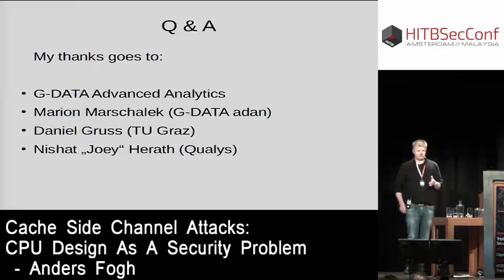That means that you actually don't have to share access to memory, meaning that you can do cross-VM attacks, whatever you really like. You don't need to know anything about addresses that is not your own to actually do this. So prime and probe for cloud things, it's probably the one to go to, where evict and time is probably more of the special use cases.